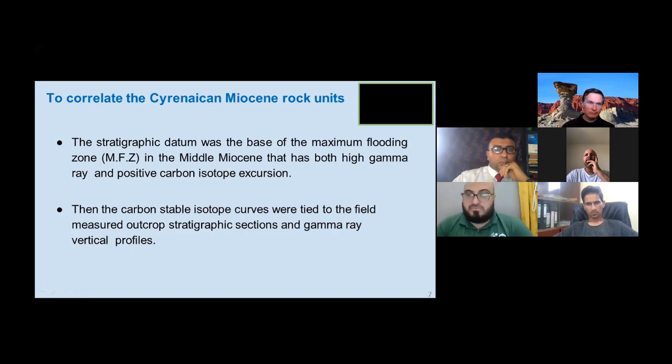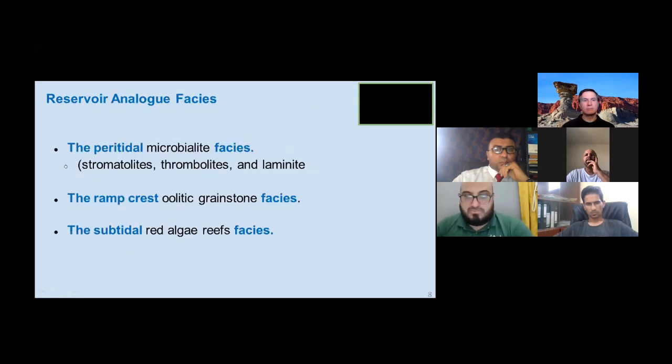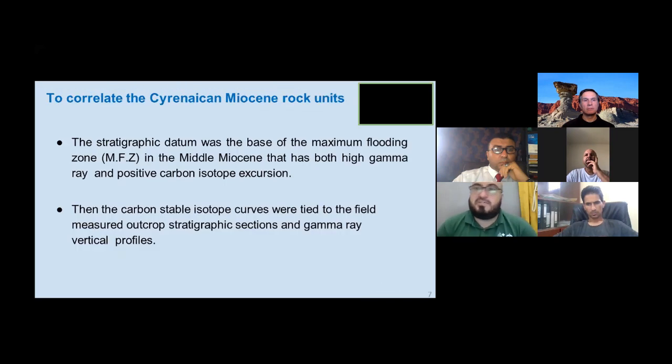To correlate the sequence stratigraphy of the Cyrenaican Miocene rock units, the stratigraphic datum was selected at the base of the maximum flooding zone, which has a high carbon excursion and high gamma ray.